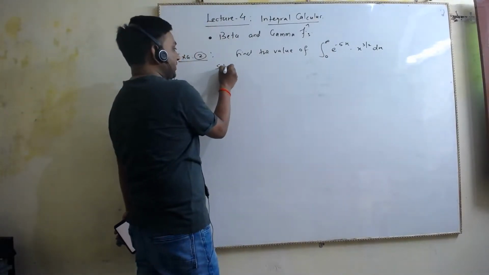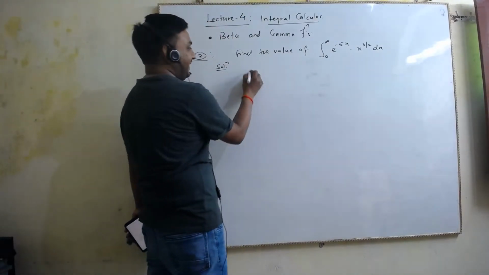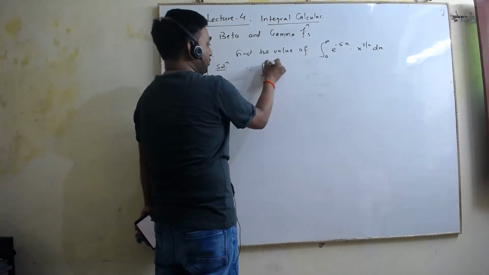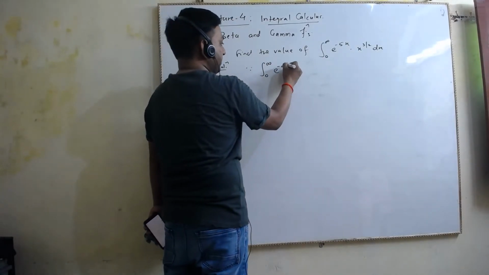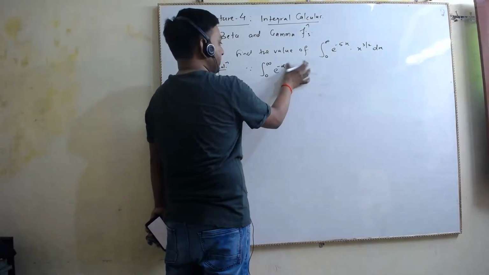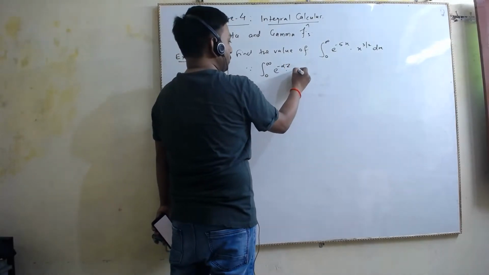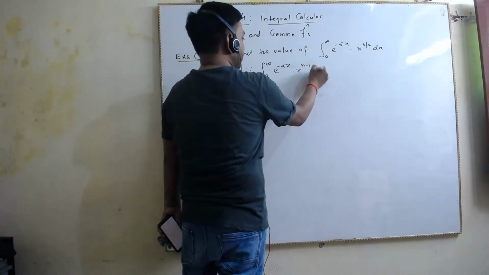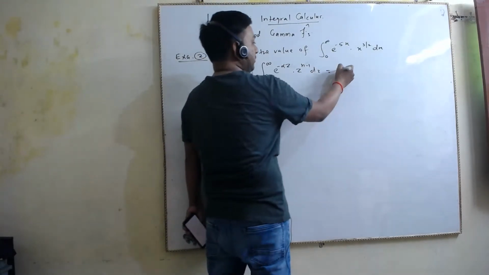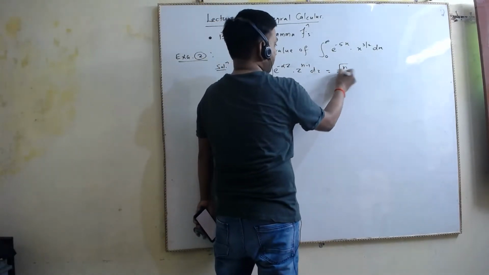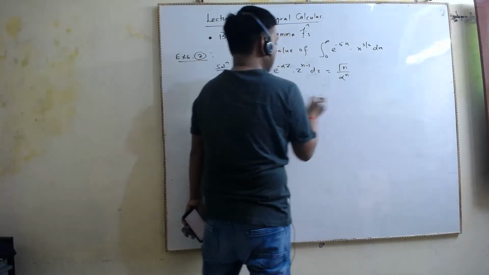What will be the solution? Since the integral from 0 to infinity of e raised to the power minus alpha z into z raised to the power n minus 1 dz equals gamma n upon alpha power n.